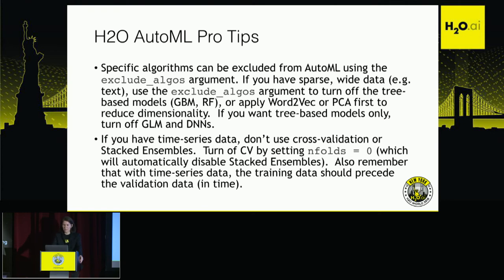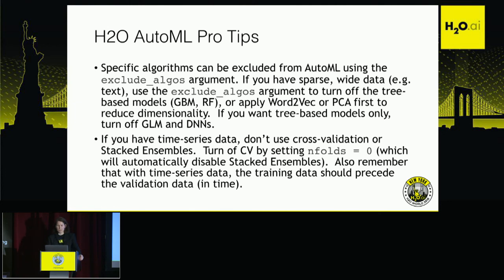For example, if you have text data, and let's say it's very wide and very sparse, you might want to turn off the GBM or random forest, or you might want to do some dimensionality reduction first, like word2vec or PCA. These are ideas that we can give you. Any ideas that we're giving you are also things that you'll probably see in the product later. We thought about this, we should probably add that automatically, and give you, of course, the ability to turn it on or off.